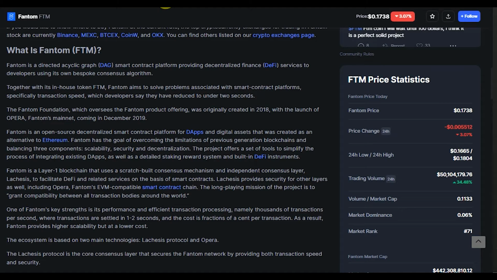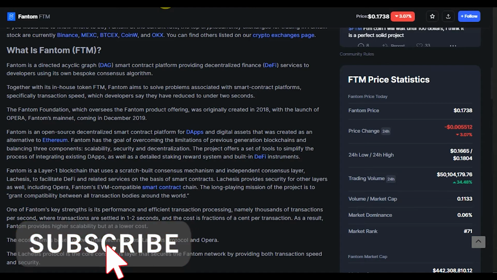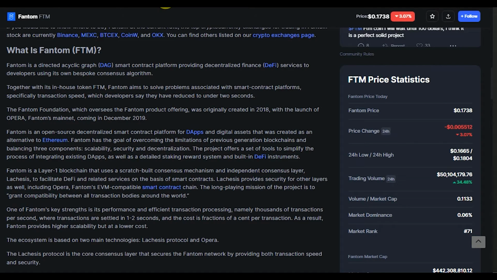Fantom has the goal of overcoming the limitations of previous generation blockchains and balancing 3 components: scalability, security, and decentralization. The project offers a set of tools to simplify the process of integrating existing DApps, as well as a detailed staking reward system built on DeFi instruments.